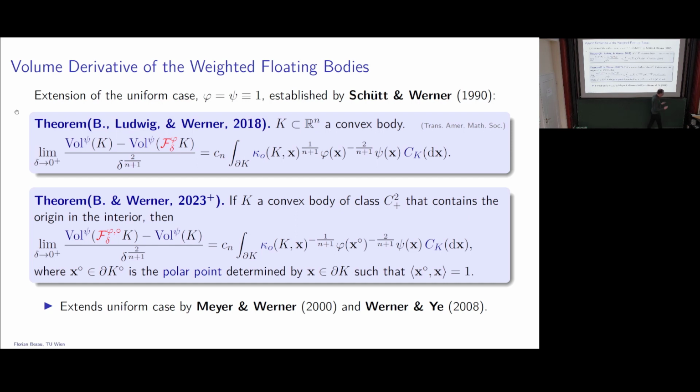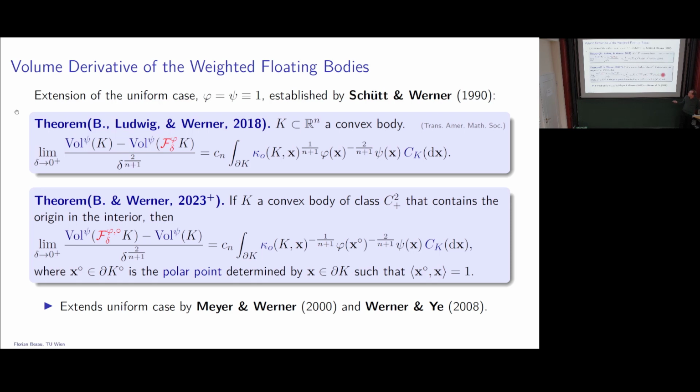And again, we can show that this gives rise to a weighted notion of this LP affine surface area, where the weight functions enter in terms of the boundary points of K and the boundary points of the polar body via the polar point map. So if you have a smooth convex body, every boundary point of K can be uniquely associated with a boundary point of the polar body. And this is what you use here.